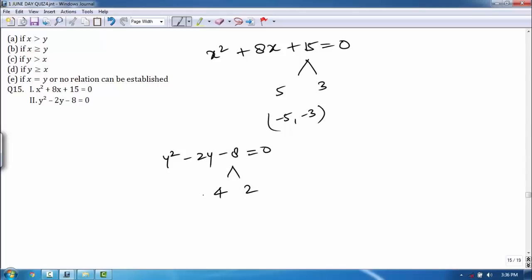Because this is minus 2, we'll put the sign here as minus and here as plus, because adding up these two numbers gives minus 2. Now to find the roots we will change the signs of these two numbers, and we find the roots as 4 and minus 2. So from these values of x and y we get that x is less than y.